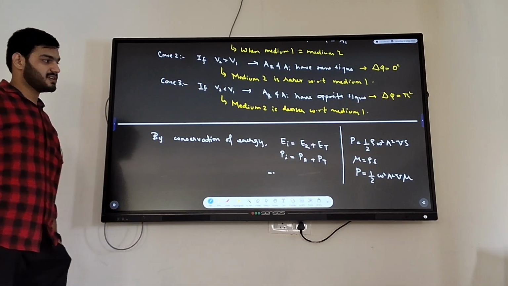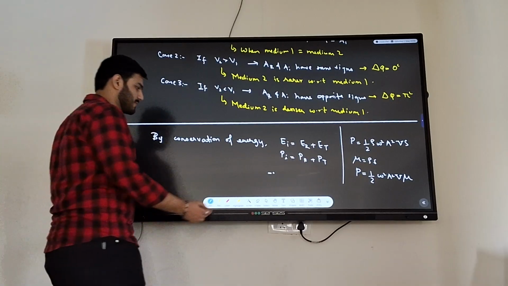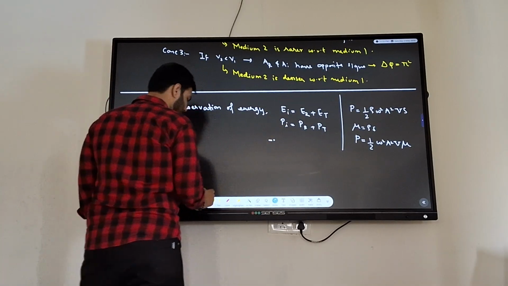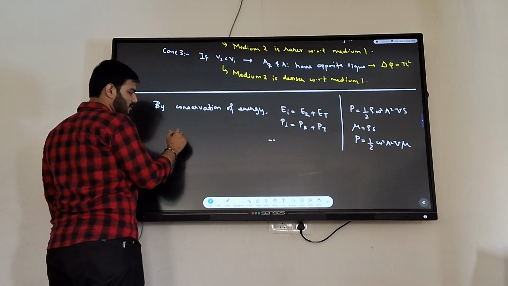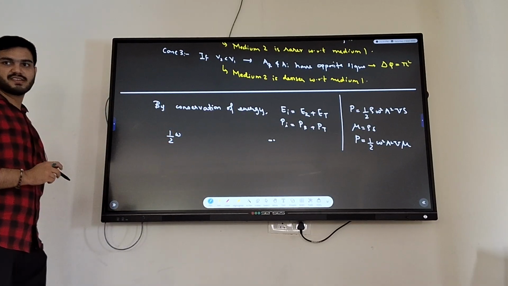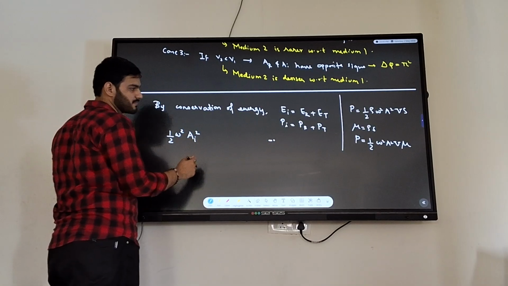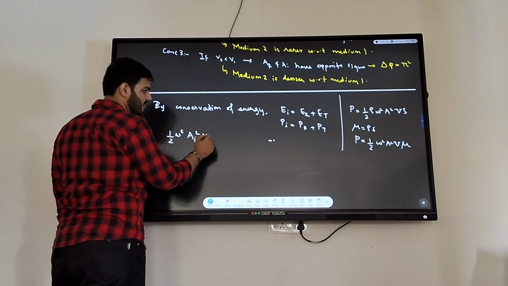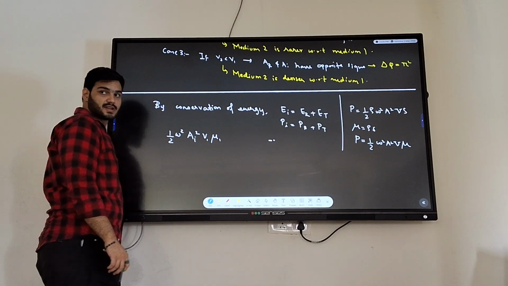Let me say V1 is the velocity in medium 1 and V2 is the velocity in medium 2. तो ये बताओ ये क्या होगा? P_I कितना होने वाला है? Half. अच्छा, omega will not change since the frequency is not changing. So I will write half omega square A_I square V1 mu 1. Is it correct?